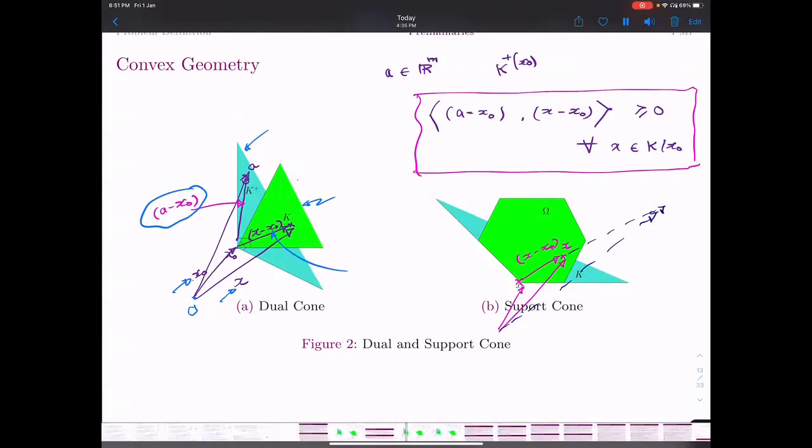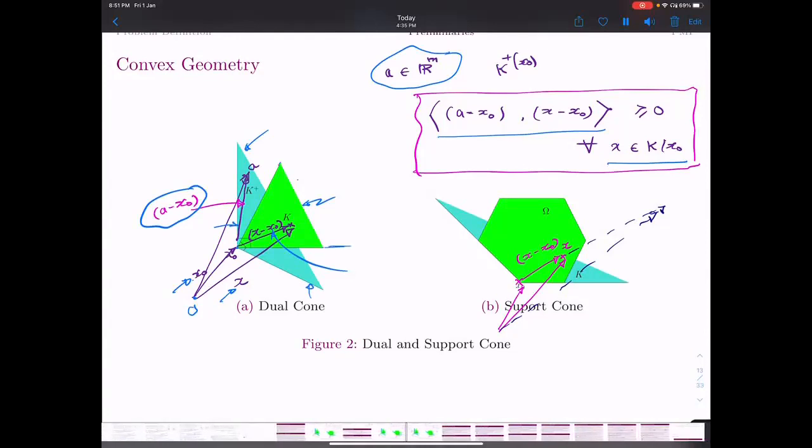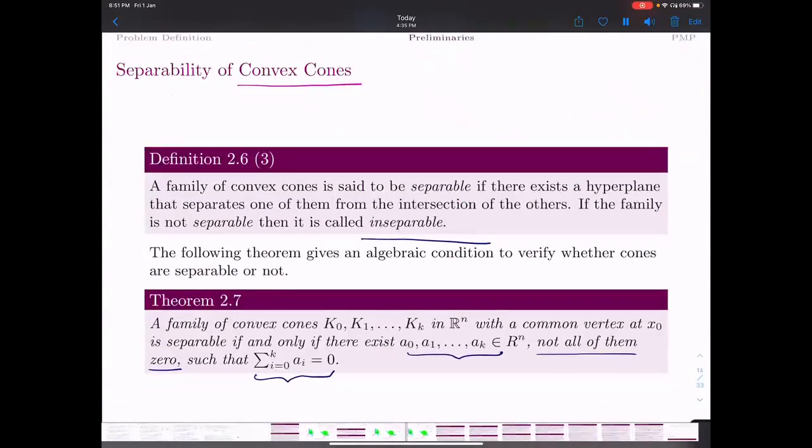Now, for a minus x naught, we are claiming that a is in the dual cone. If that's in the dual cone, it should satisfy this relationship for every x in the cone at x naught. In fact, that would be true for these points. The main idea being that these lines here make 90 degrees with this edge of the cone and this edge of the cone. That's the notion of points in the dual cone.